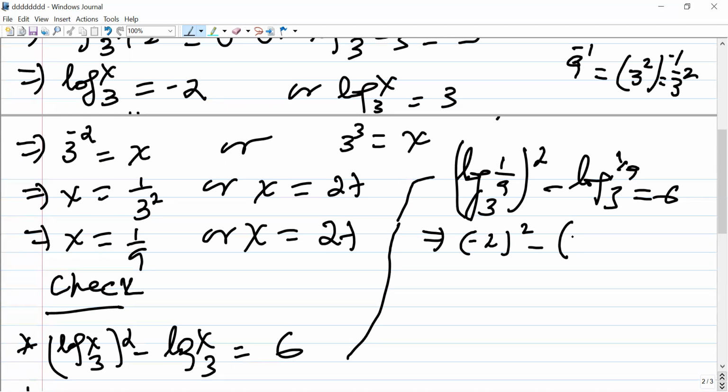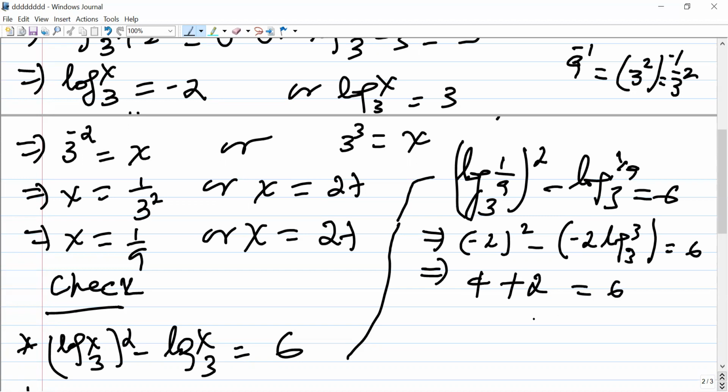So we have (-2 log 3 to the base 3) the whole squared, minus the log of 3 to the power of -2, which is -2 log 3 to the base 3, is equal to 6. This one is 4, and here minus minus is plus 2. Log 3 to the base 3 is 1, so 4 plus 2 is 6, which is equal to 6. So the answer x is equal to 1 over 9 is correct.